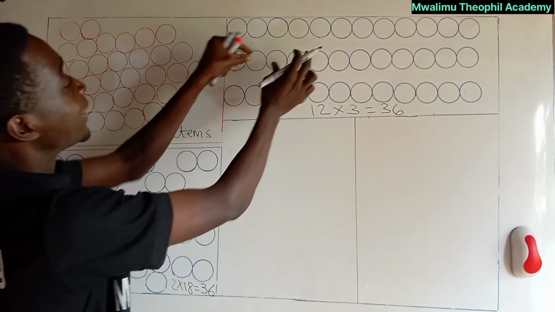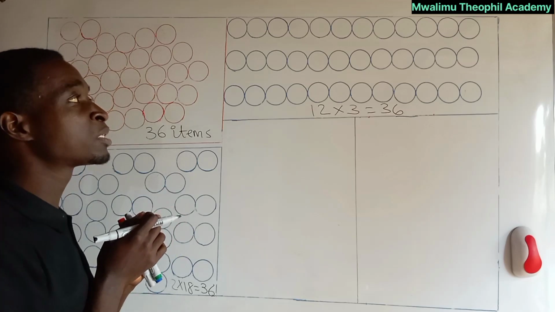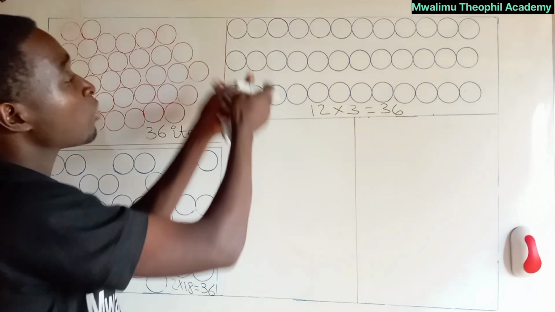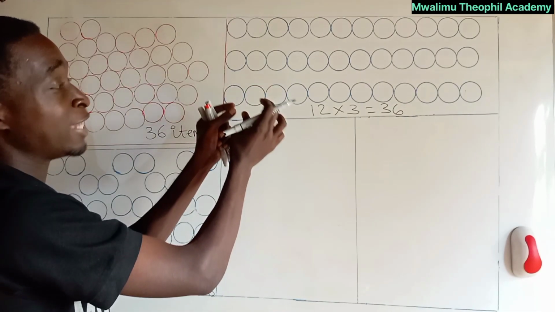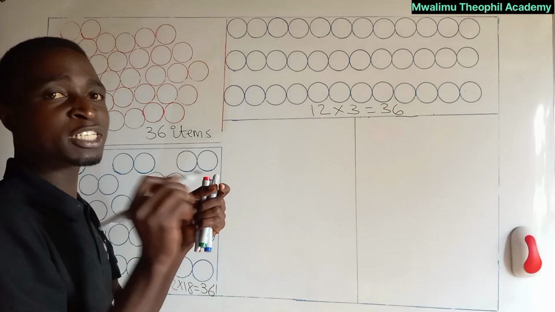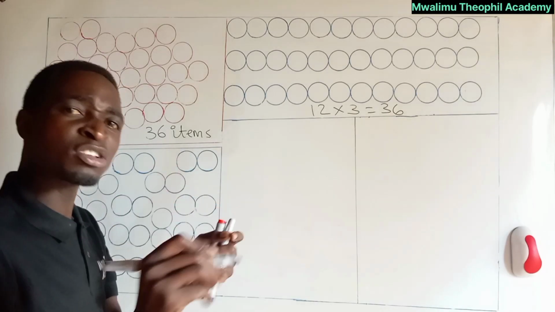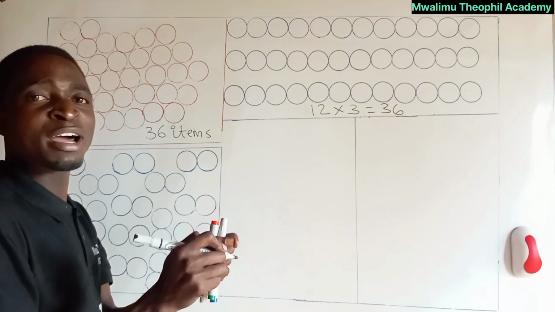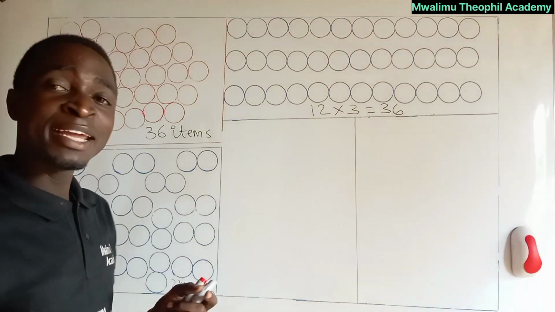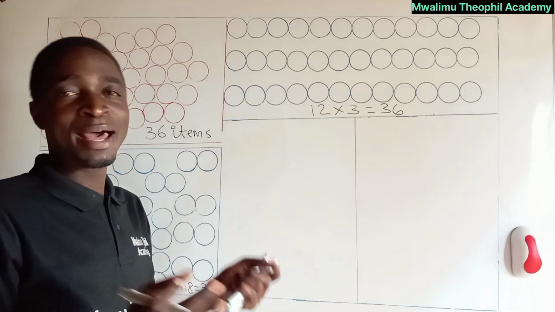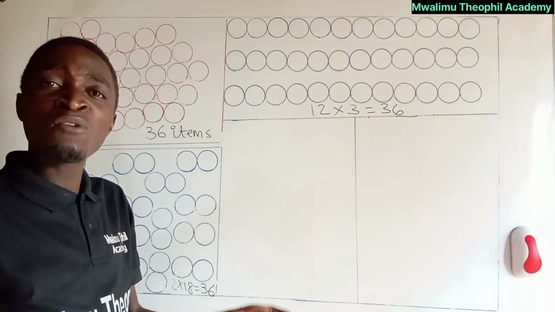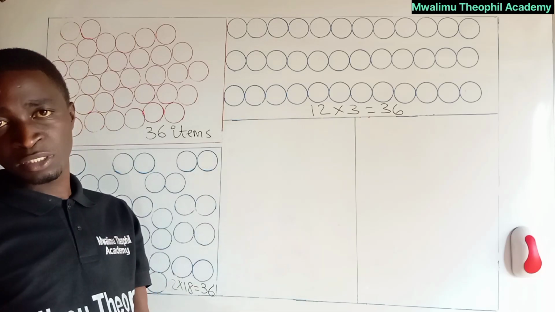Also, when we arranged the items in groups of 12 items per group, we were only required to know how many groups of equal number there were, and we found that the number of groups was 3. That's why we took 12 times 3, because each group has 12 items and we have only 3 groups. So from today, to simplify counting, when you group the items in groups of equal number, it becomes easier because you take the number of items per group times the number of groups.